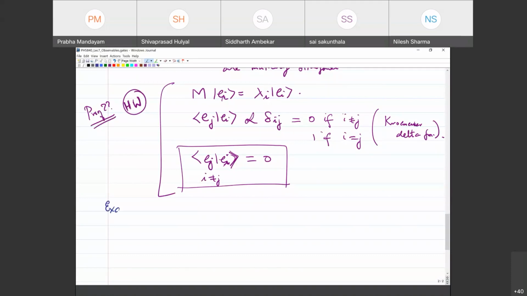So let's again look at concrete examples. Let's look at the sigma x. Actually, let's start with the sigma z, okay? So the sigma z was of this form. And I think last class we actually worked out the eigenvectors of this, right? So what are the eigenvectors of this matrix?